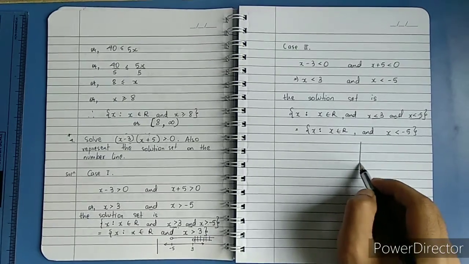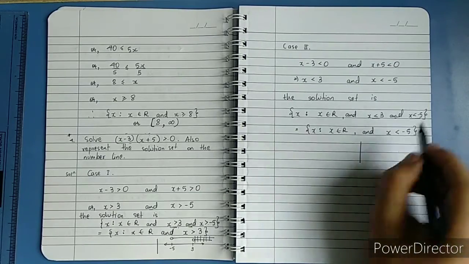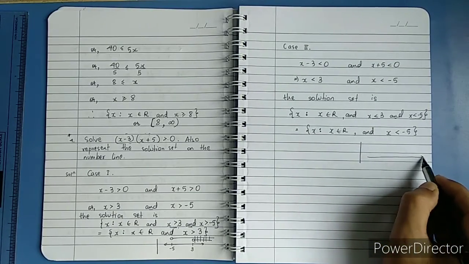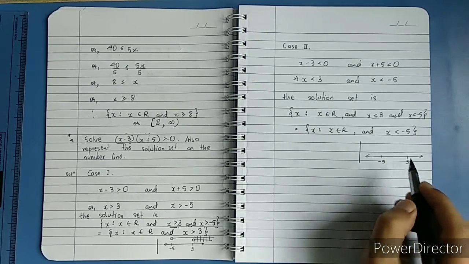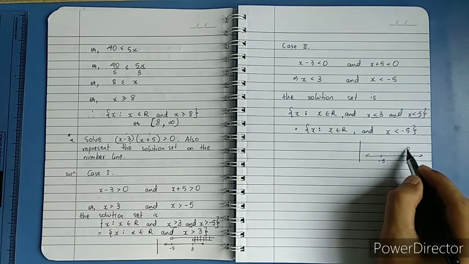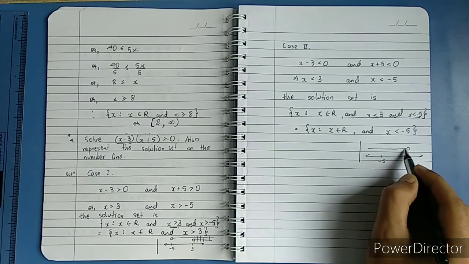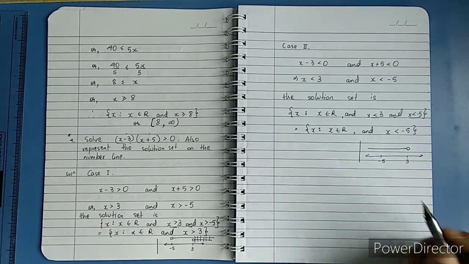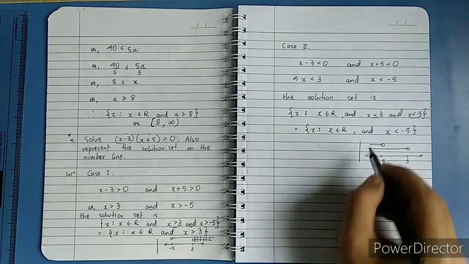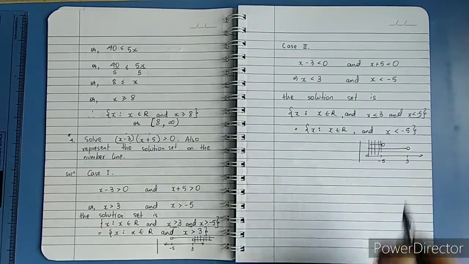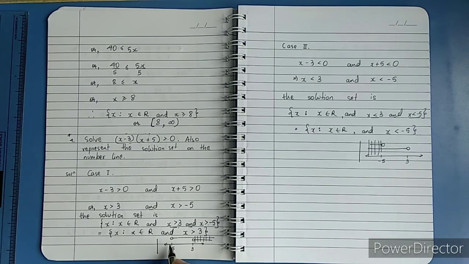Over here, x less than 3 and x is less than minus 5. So x is less than 3 means this portion, left hand side, and less than minus 5 is this portion. So what is common is till here. So that is why x is less than minus 5. These are just rough works. Please do not copy them. It is meant for your understanding.